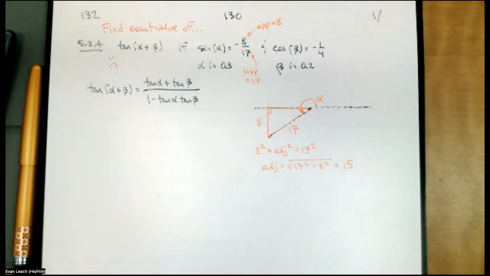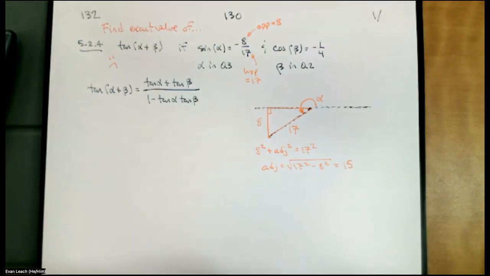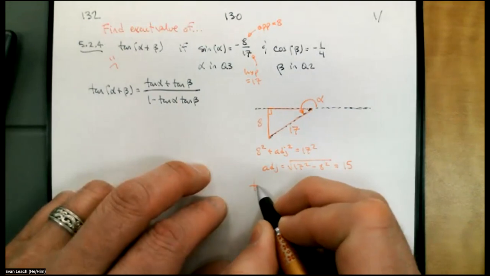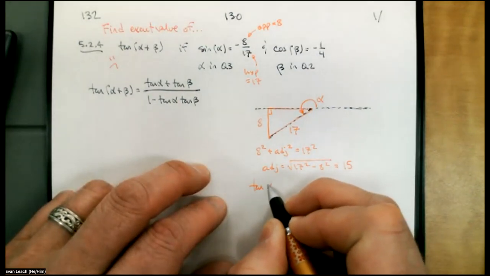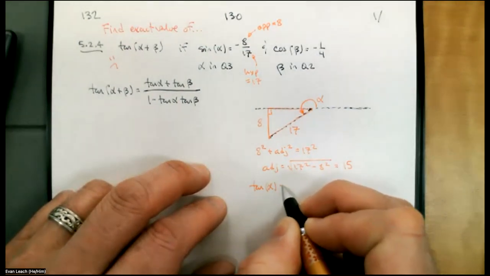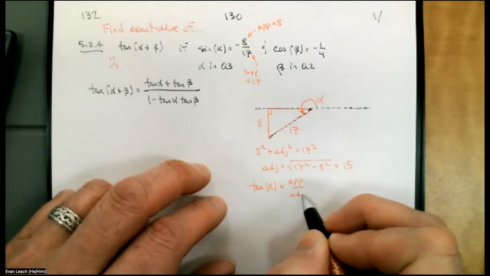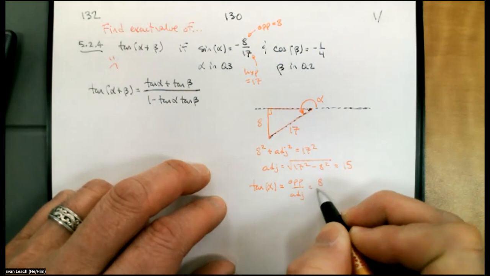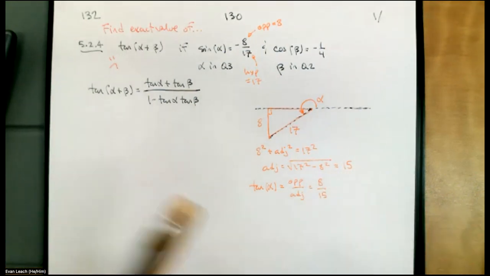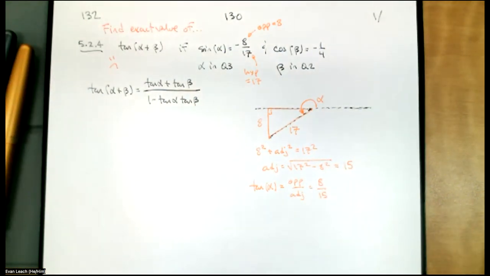The important part is from this, we can get the tangent of alpha is opposite over adjacent. So 8 over 15. We do have to worry about negatives and positives, but we're in quadrant 3.